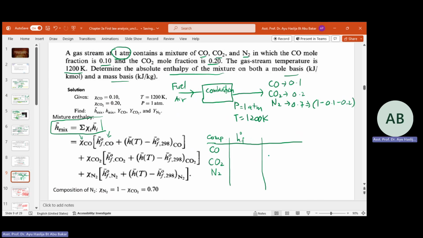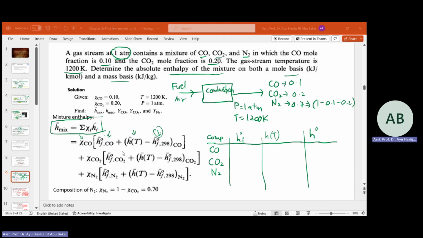This one is heat of formation. This one is heat at that specific temperature, which is 1200. HT. This is different from the HF over here. This one is H naught, H at STP.